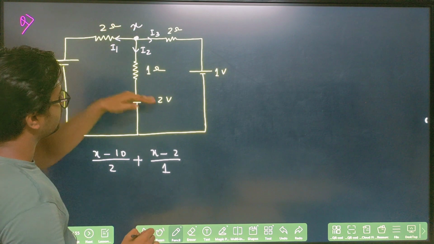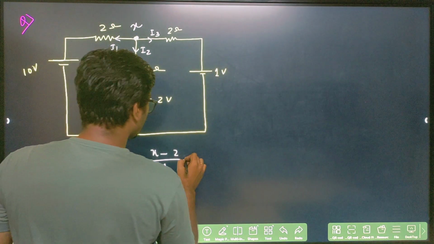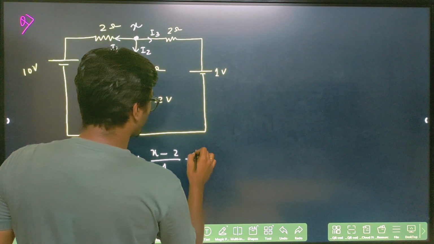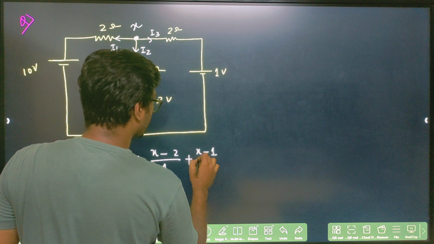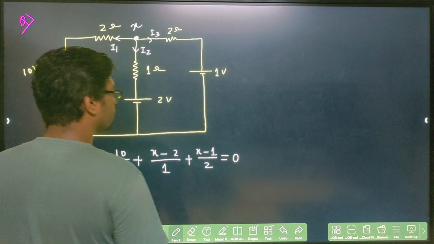Clear? Plus I3, which is (X minus 1 volt) divided by 2 ohm, is equal to 0.